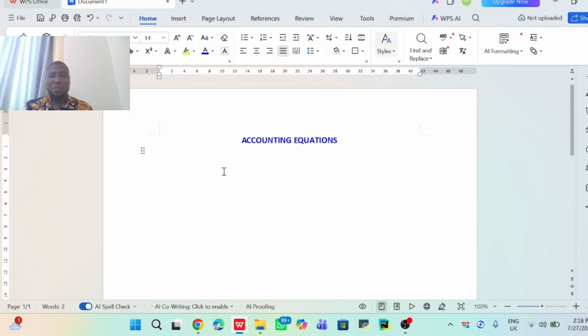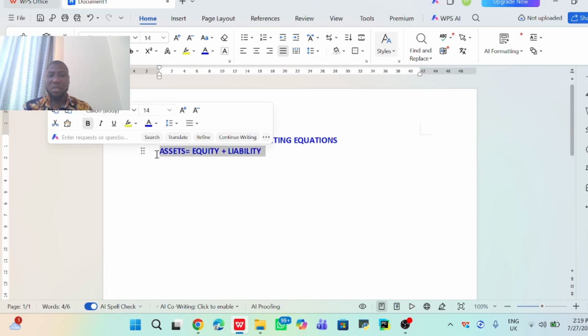Now, for us to understand it, we have the equation: assets equal to equity plus liability. Let's say asset is equal to equity plus liability.